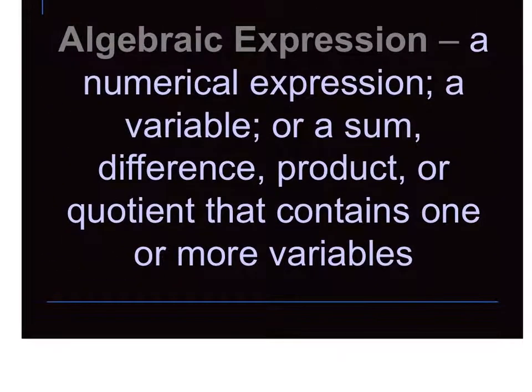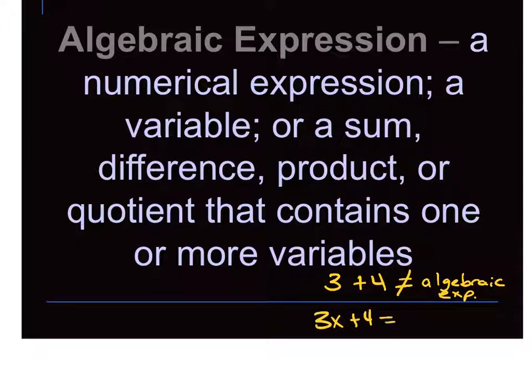For example, 3 plus 4 is not an algebraic expression. However, 3x plus 4 is an algebraic expression. Notice the difference? All I changed was I added the x, the variable. That's what changed it.